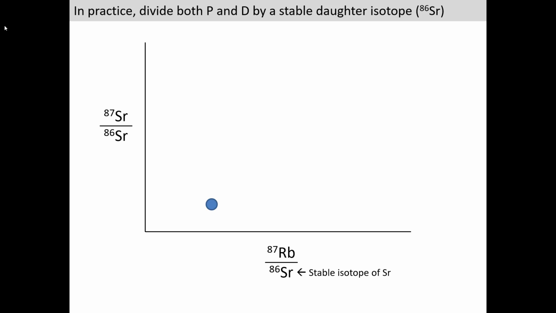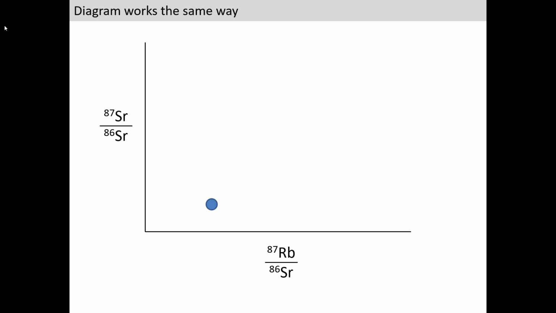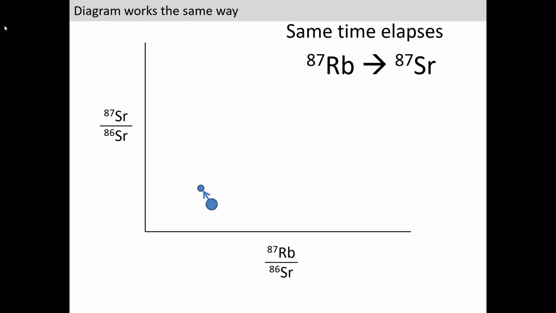So as radioactive decay happens, the parent ratio is going to decrease because rubidium-87 is going to decrease, and the daughter ratio is going to increase because strontium-87 is going to increase. And so if this is my initial composition on this ratio diagram, as the rock ages, it will once again move up to the upper left with a slope of -1 as the ratio of rubidium-87 to strontium-86 decreases and the ratio of strontium-87 to strontium-86 increases.